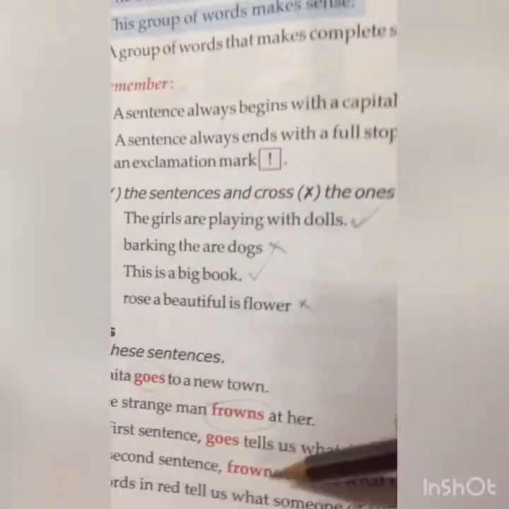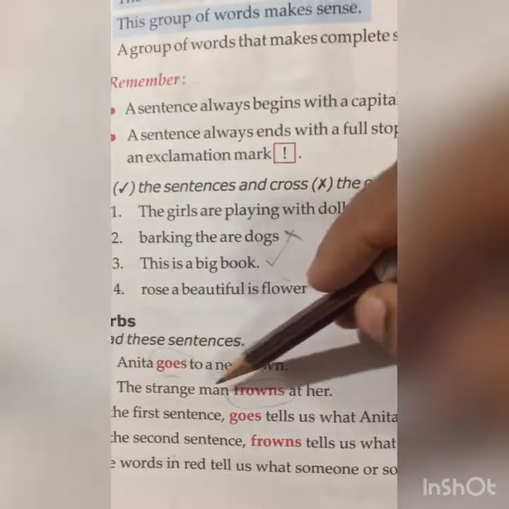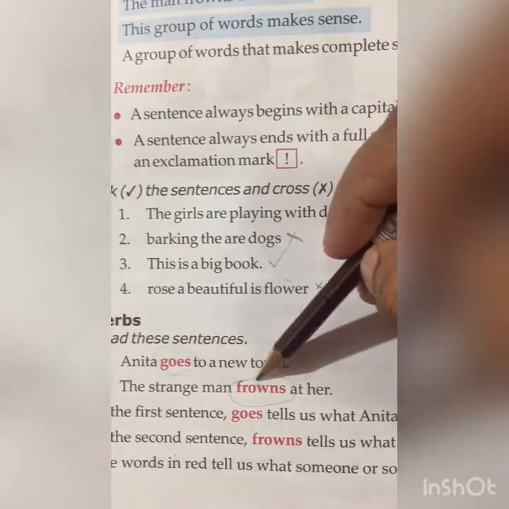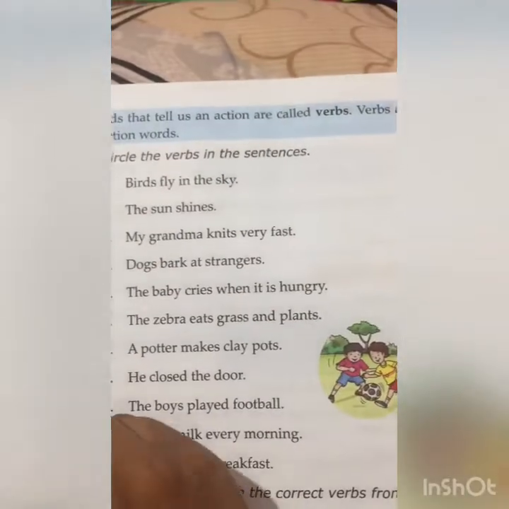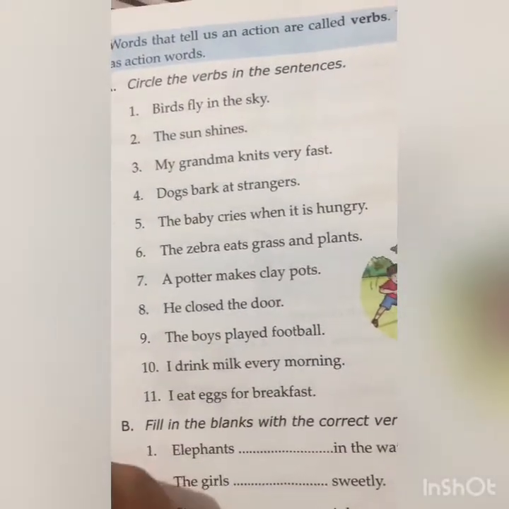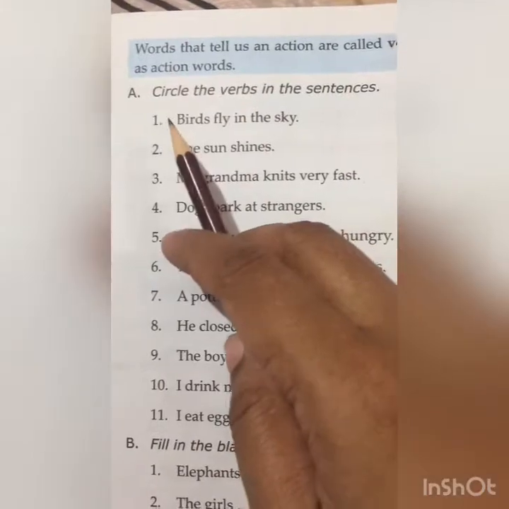Here, these words tell us the action, what Anita does and the strange man does. And what are they called? They are called verbs. These verbs are also known as action words. They are all actions, right? Okay.